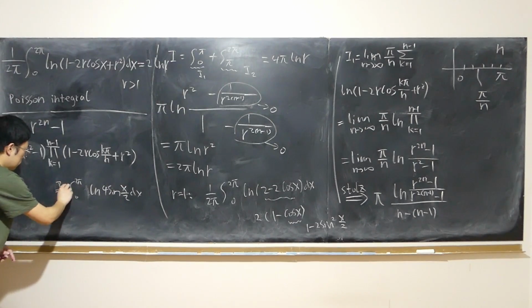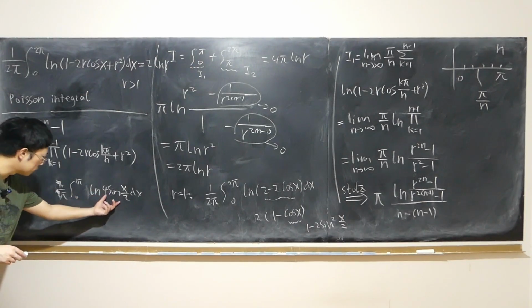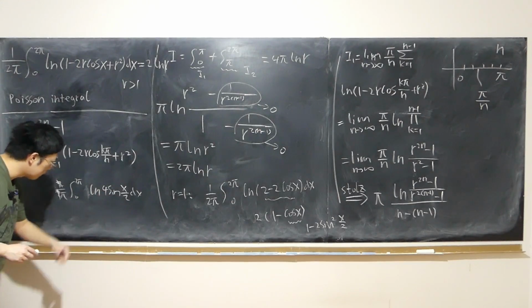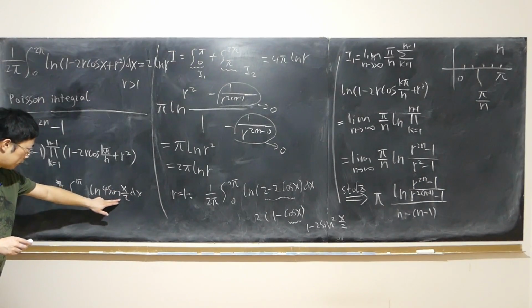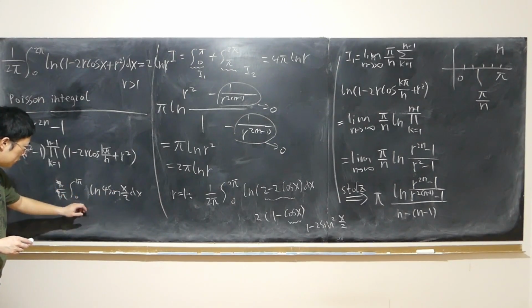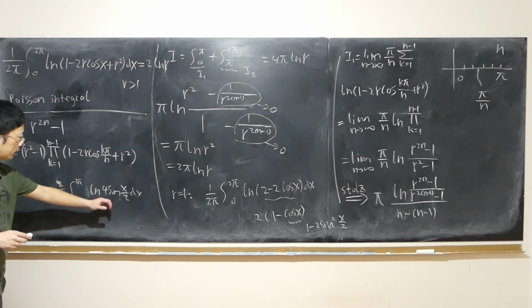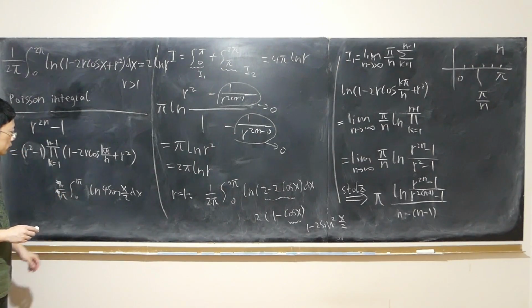I think that's also doable. Use the log of a product: log 4 plus log sine half x. And turn sine into cosine using substitution. Eventually we can work out the integral of log of cosine half x. But that's a classic integral. I think I've done that before.